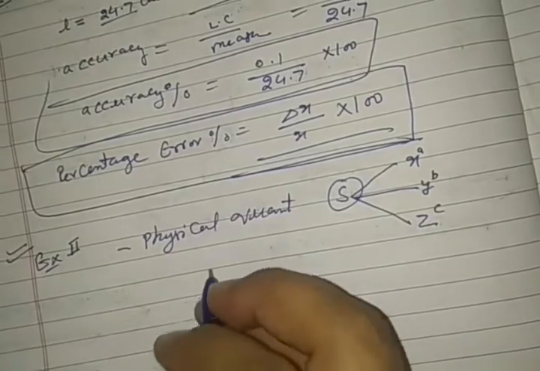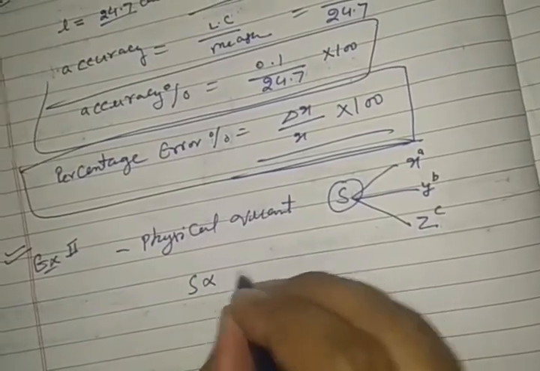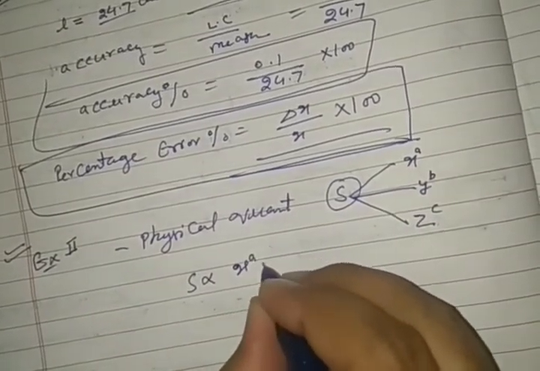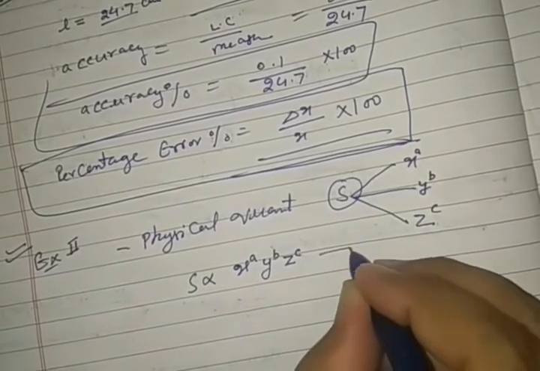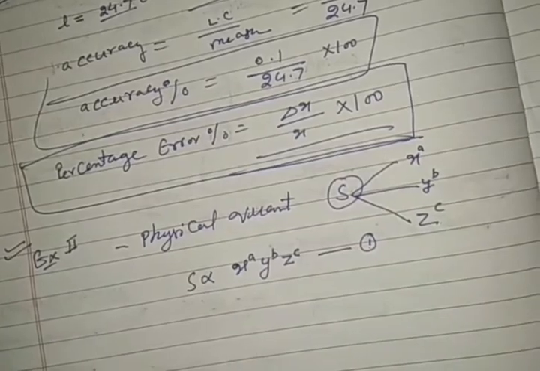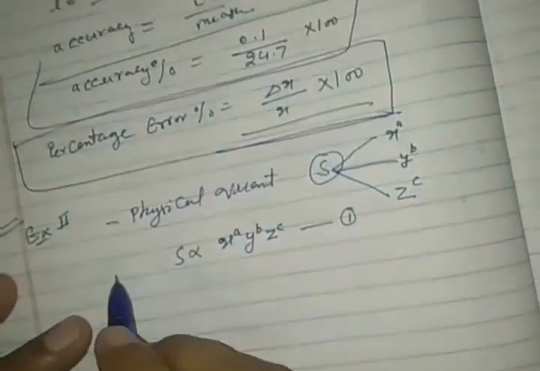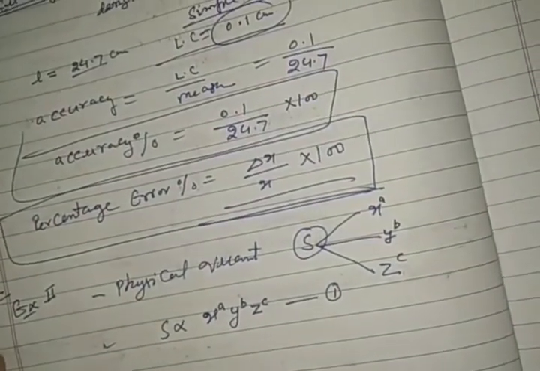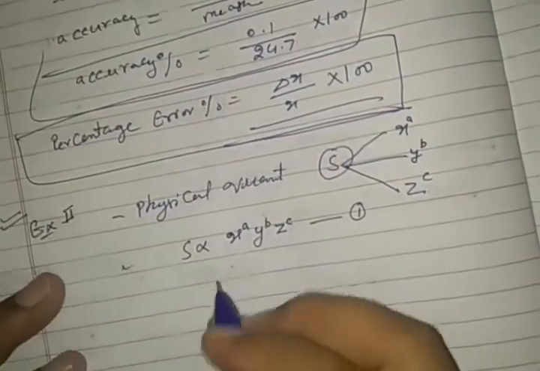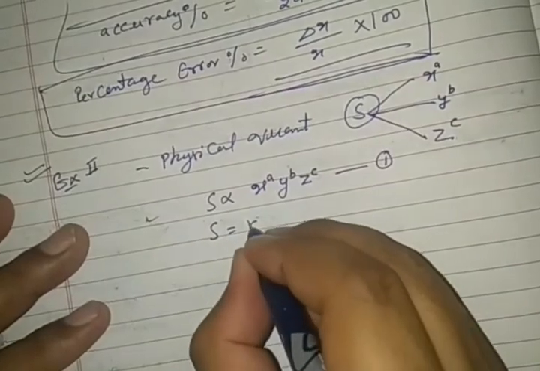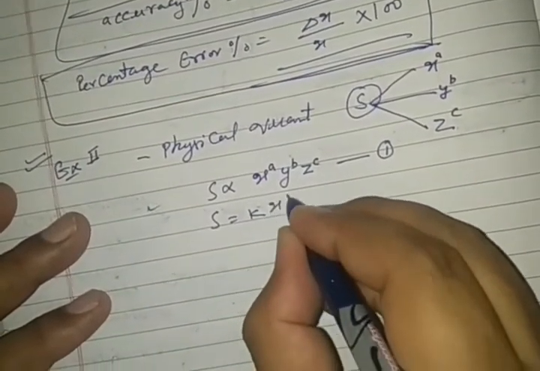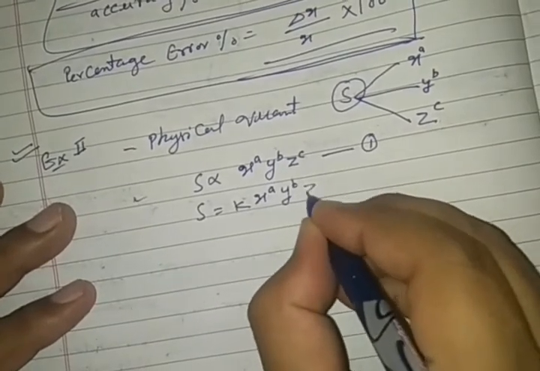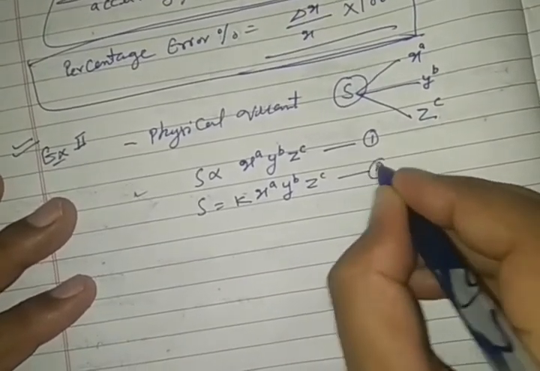So we may write S is proportional to x to the power a, y to the power b, z to the power c. This is equation number 1. Now see carefully to obtain the formula. We may write S equals K, a suitable constant, times x to the power a, y to the power b, z to the power c. This is equation number 2.